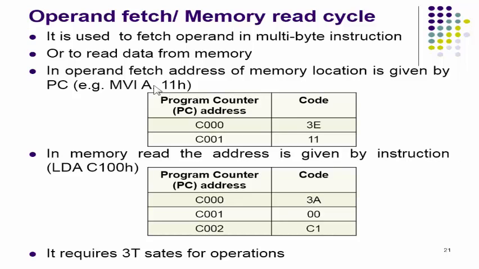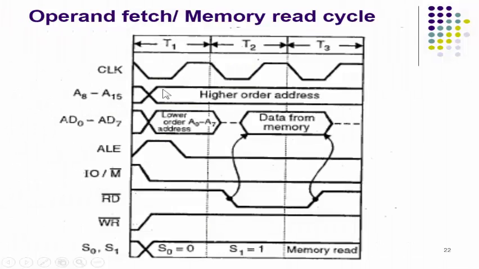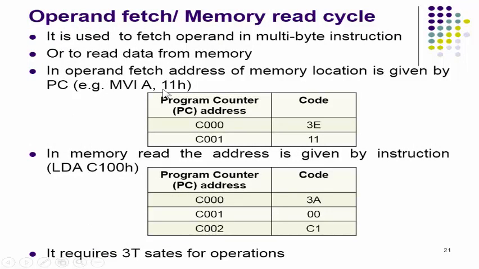For sequential execution the program counter plays an important role. In operand fetch, the address of the memory location is given by the program counter. Here in the operand field we have 11x and its address is given by the program counter.